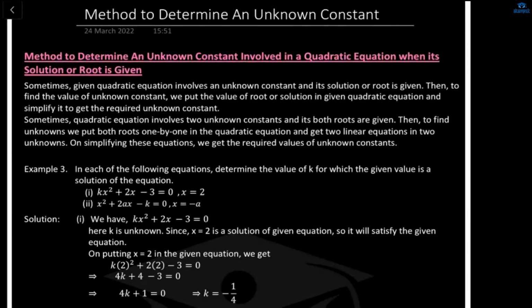With the help of two zeros, you are going to form two linear equations, and then solve both the linear equations to get the values. We have learned three methods to solve linear equations in two variables. You can apply any one of those three methods and get the values of both the variables.